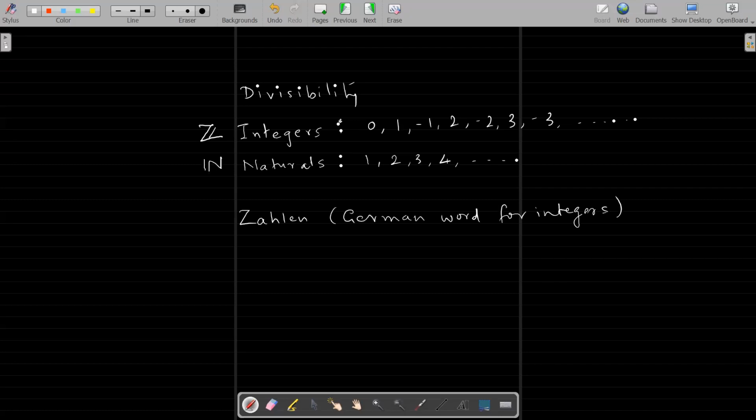So generally that set is denoted by Z, and mathematicians put one extra line, so it's not the usual Z. Is that fine? So that's the notation. We'll be working in the set of integers.